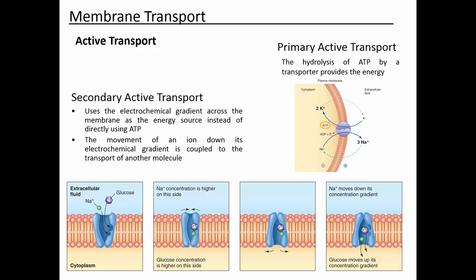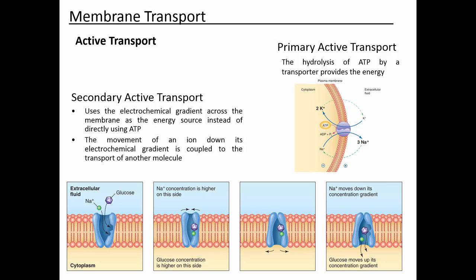So sodium ions are flowing through this transporter down their electrochemical gradient, and that flow of sodium ions powers the carrier to also take glucose and move it against its concentration gradient. This would be similar to the fact that you can use water going down a waterfall to power something. You're using sodium ions flowing down their electrochemical gradient as a power source to also move glucose against its concentration gradient.